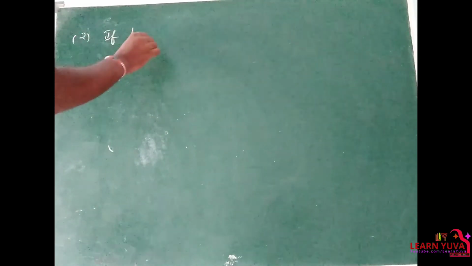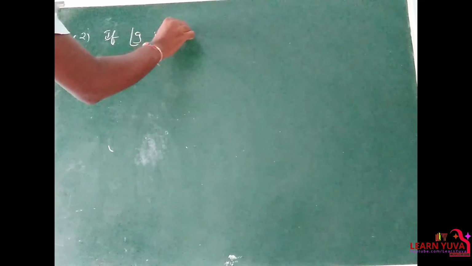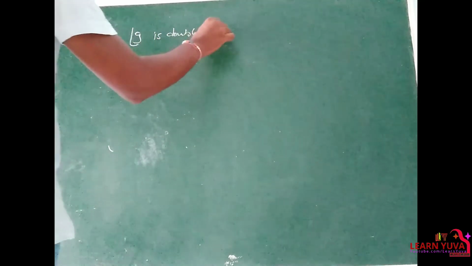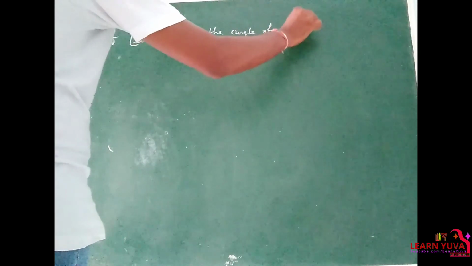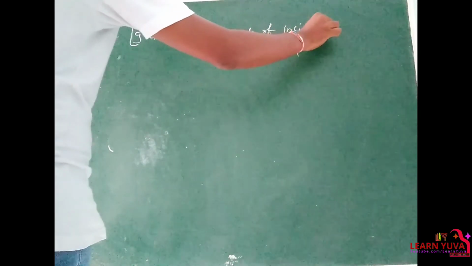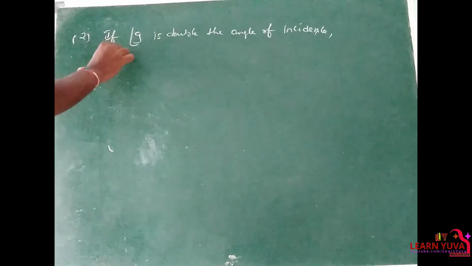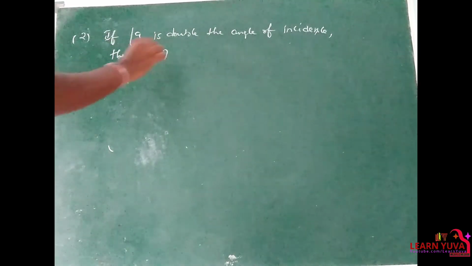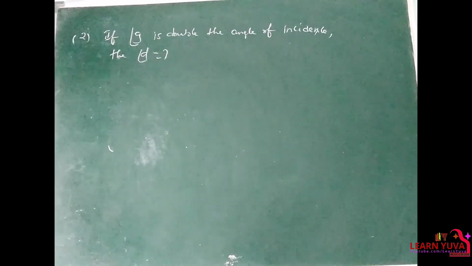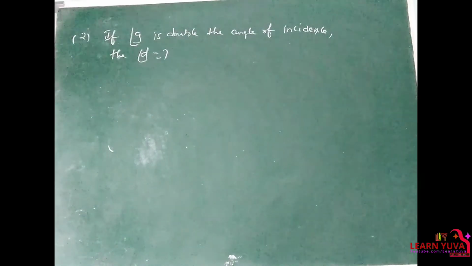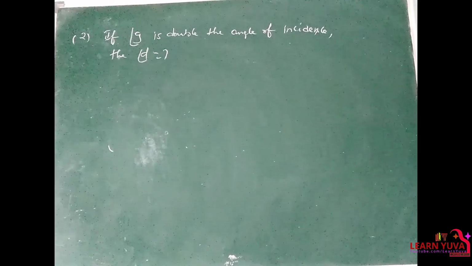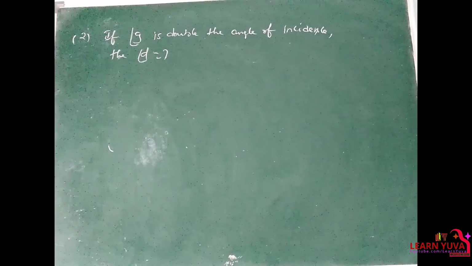Second problem. If angle of glancing is double the angle of incidence, then angle of deviation is equal to how much? That is the question. So the question is, angle of glancing is double the angle of incidence.